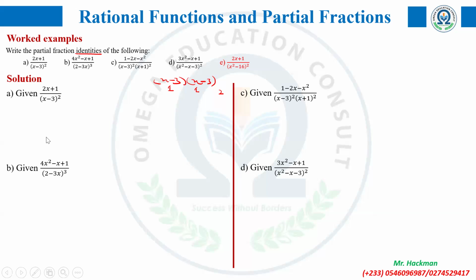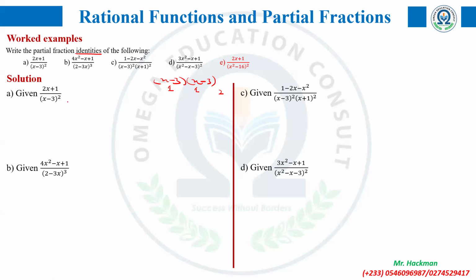So that is cleared. Once that is cleared, we come to the denominator. I have a repeated factor, but the factor that is repeated is linear. So the power of the repeated factor, the number of times that your factor is repeated, will tell me the number of fractions that I'm going to get. And here you said the power is 2. So how many fractions?